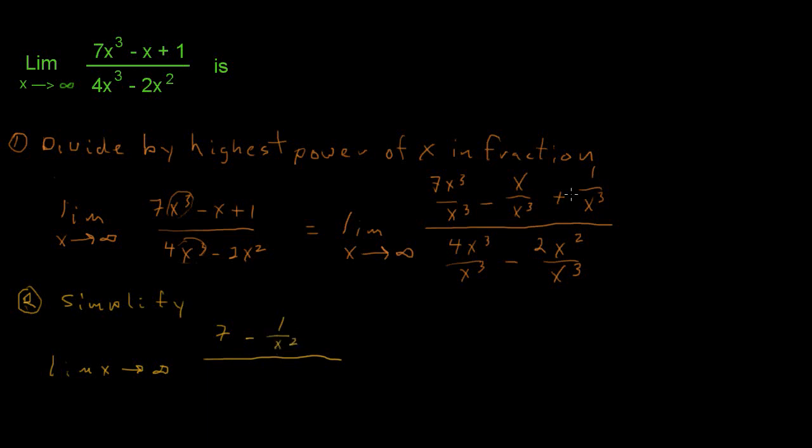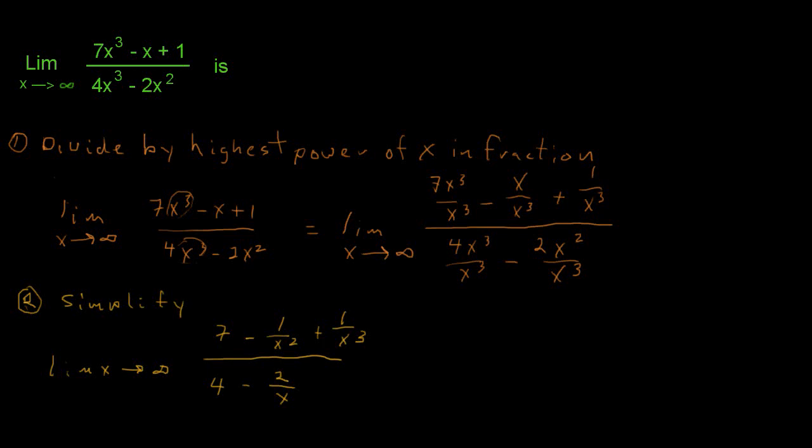Can I simplify 1 over x cubed? No, so I'll just rewrite that. And in the denominator, how does that simplify? Well, that'll simplify down to 4 minus, and 2x squared over x cubed becomes 2 over x.